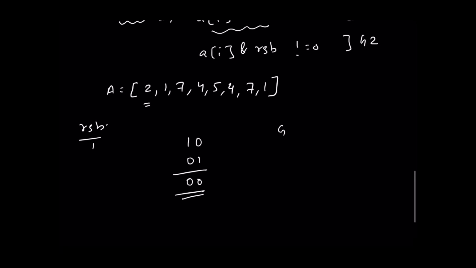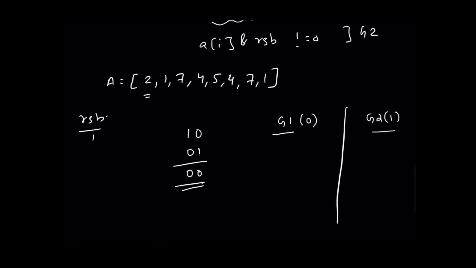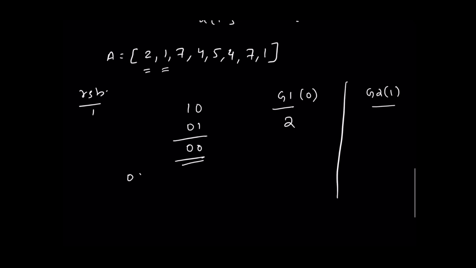So two groups: the first group will have 0 and the second group will have 1. So at least in group 1 I have 2. Now the next element, 1. 1 is 0 0 1 and my RSB is 0 0 1. So this is non-zero, so 1 will land in the other group.